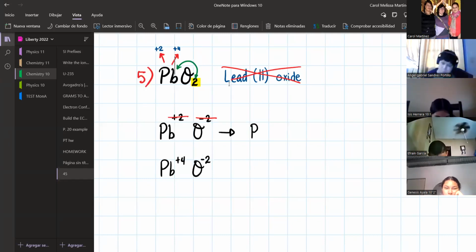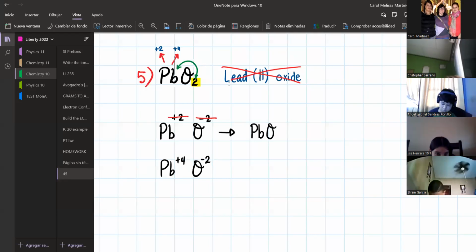So the compound formed is PbO. Does PbO correspond to the exercise given? No. Is this the same compound that I showed you in the beginning? It's not. So because it's not the same compound, we cannot say that this is lead 2, because lead 2 forms this compound with no subscripts.